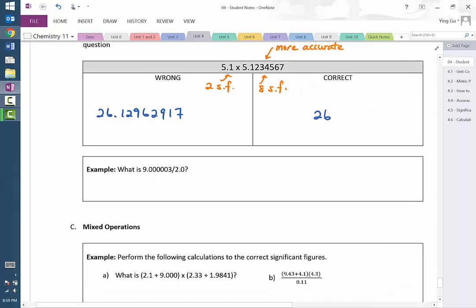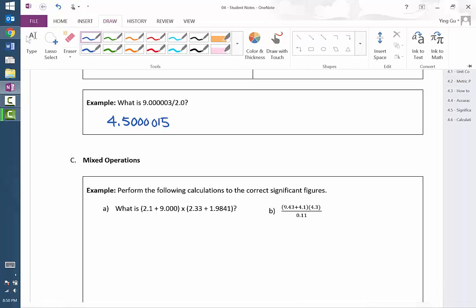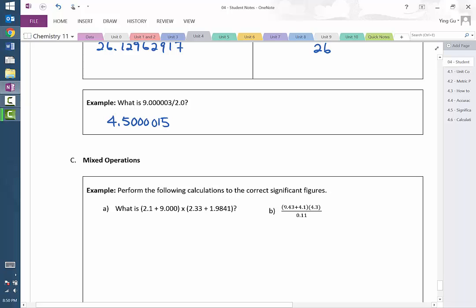Let's look at another example. What is 9.000003 by 2.0? Your calculator will spit out the answer 4.50000015. When we look at our two numbers that we used to calculate this, one has 7 significant figures, and this number has 2 significant figures.